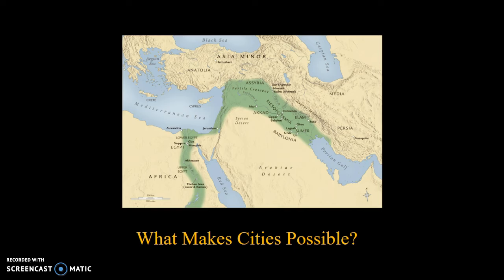The region lacks stone for building, precious metals, and timber. Historically, it has relied on the long-distance trade of its agricultural products to secure these materials. The large-scale irrigation system and labor required for extensive farming was managed by a centralized authority.